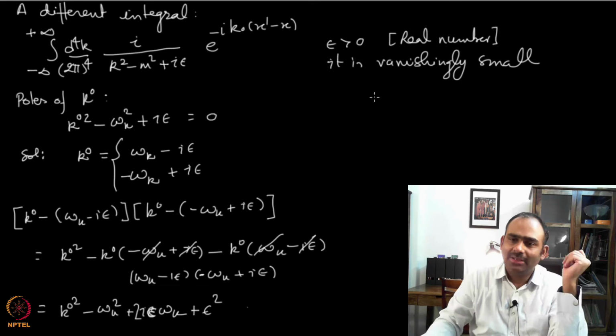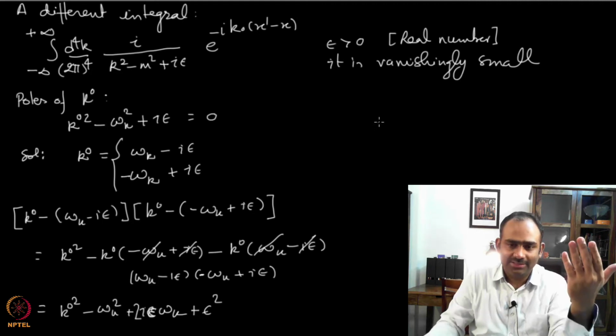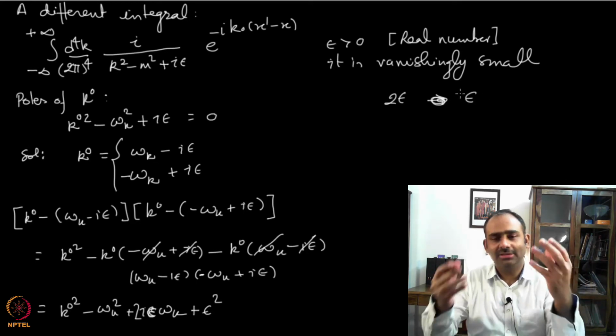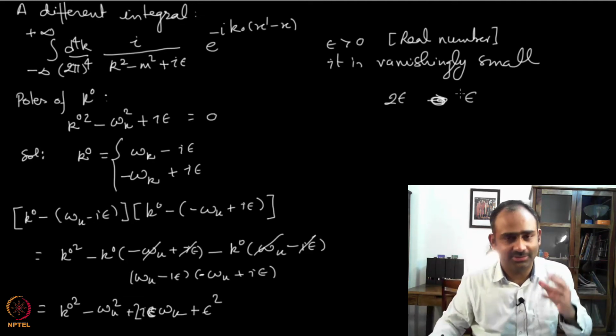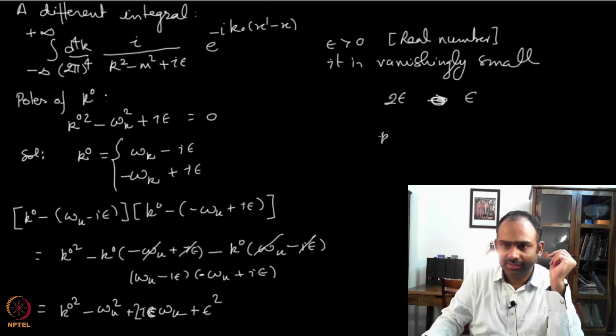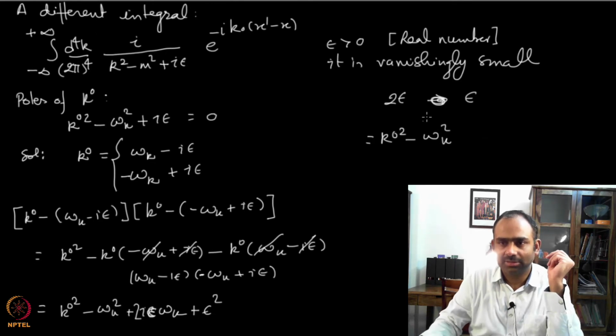Okay. But we are taking epsilon to be vanishingly small. Now, if epsilon is vanishingly small, 2 times epsilon is also vanishingly small. So, I can just, instead of writing 2 epsilon, I can just write the same thing as epsilon, just because epsilon is small. I am not interested in the value of epsilon, I just want it to be something very small. Okay. So, this object then becomes k0^2 minus omega_k^2 plus 2 i epsilon omega_k.